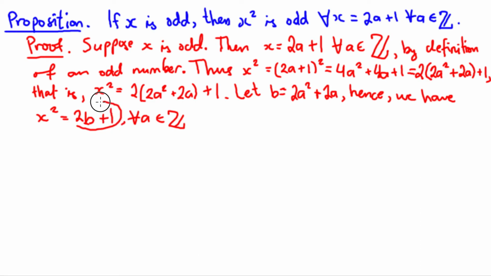Therefore, this form is going to be an odd number for sure, hence telling us that if x is odd, squaring an odd number will definitely give us also an odd number. So therefore, we can say that x squared is odd.